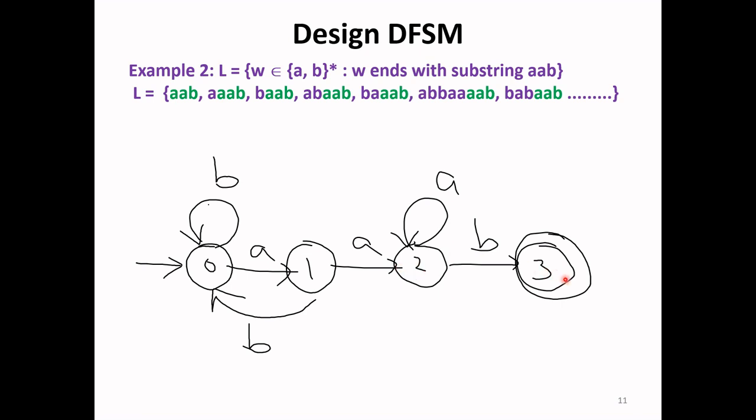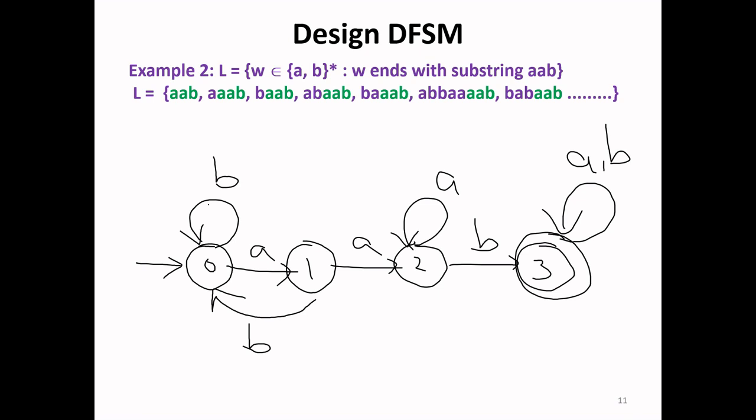Then last state 3, we have to have one compulsory transition for A and B. What to do? Can I have a self loop for A and B as before? No. Why?